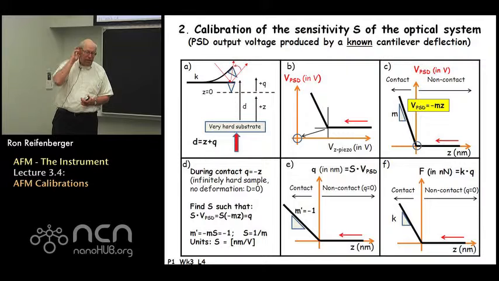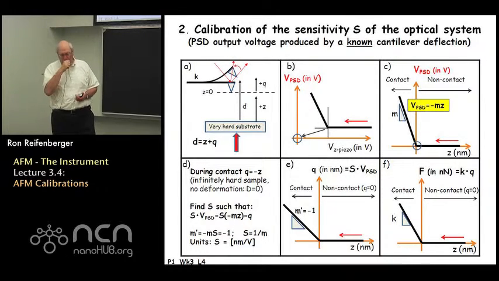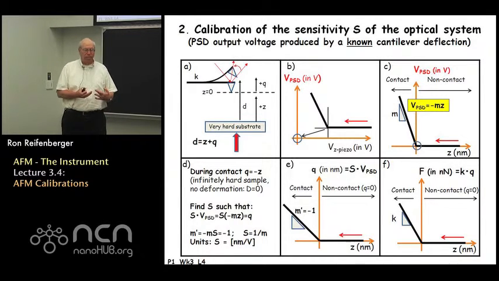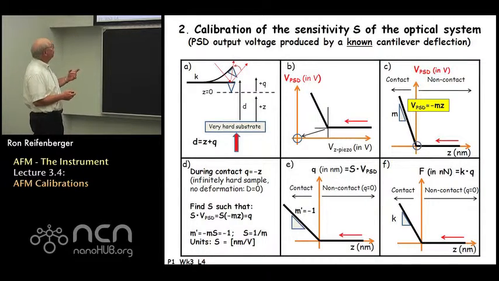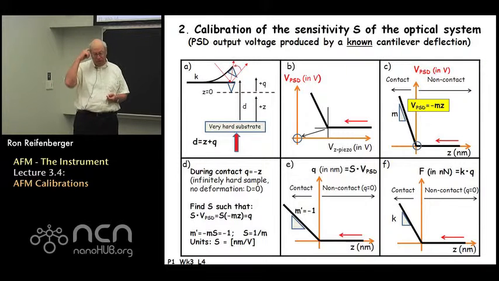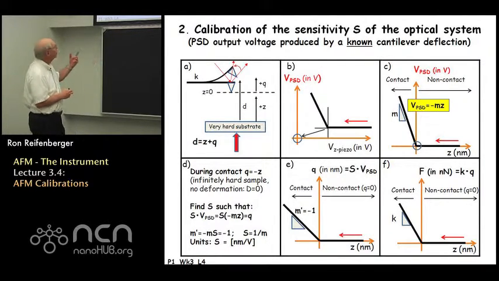The second calibration technique is the sensitivity of the optical system of your AFM. This optical sensitivity, coupled with the spring constant K of the cantilever, determines how accurately you can measure forces in your atomic force microscope. And there's a rather elaborate calibration that you have to go through if you want to calibrate the sensitivity of the optical system, and I try to go through that in this slide.